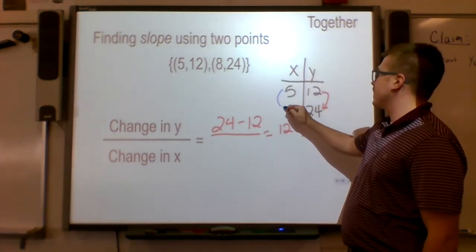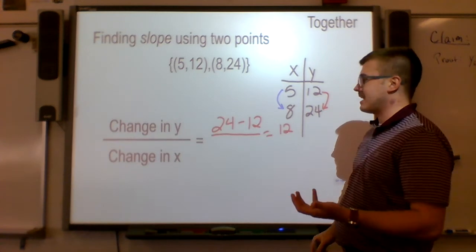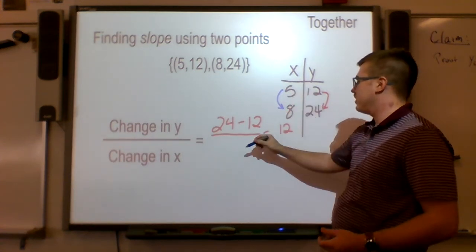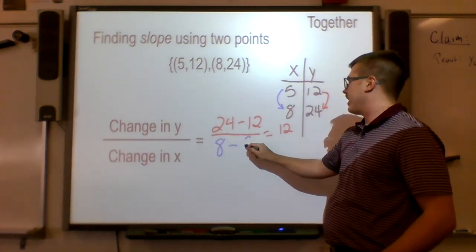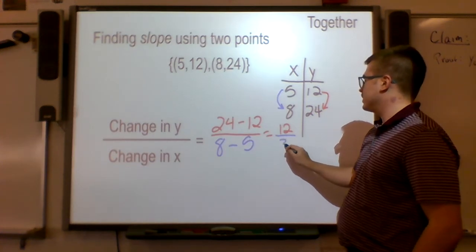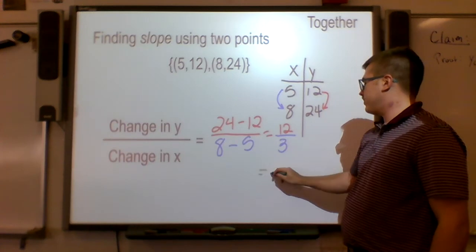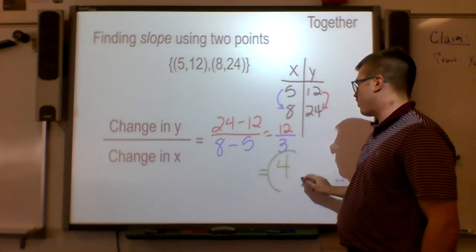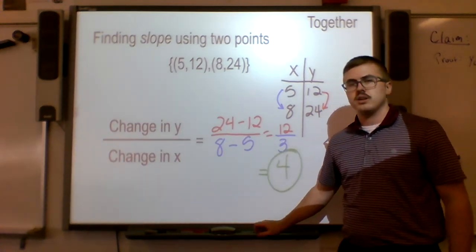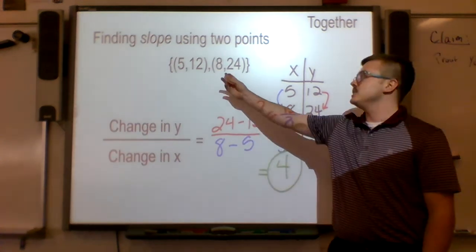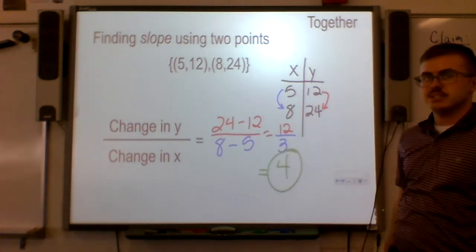Then our change in x on the bottom, same thing. How do we get from 5 to 8? We'll subtract them to figure it out. 8 minus 5 gives us 3. 12 divided by 3 gives us 4. So our final answer for the slope between these 2 points is 4.